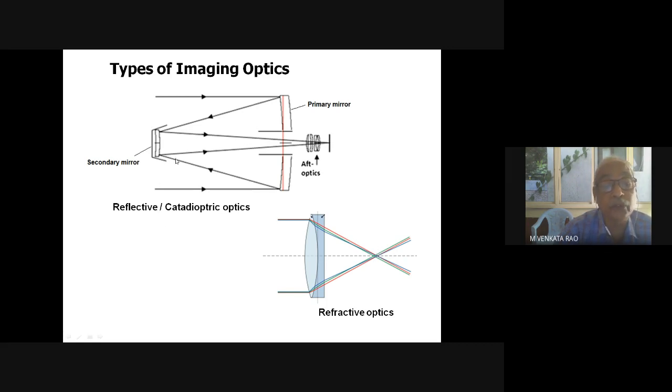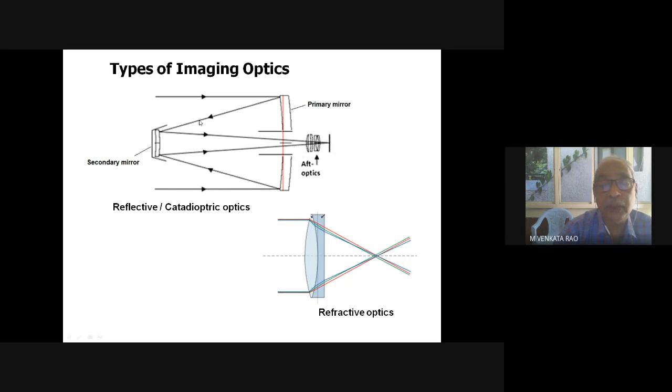Another one is a reflective system, or even catadioptric, we call it. Reflective is basically a telescope system. There is a primary mirror with a central hole here, and this is the secondary mirror. Light comes here, gets reflected and again gets reflected, and the image will be here. The detector will be put here.